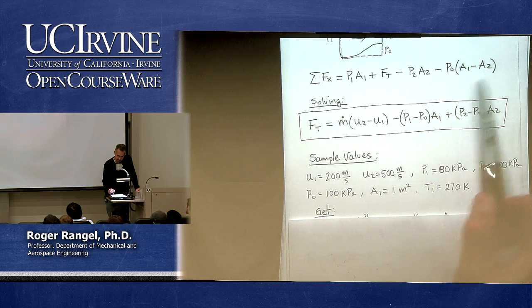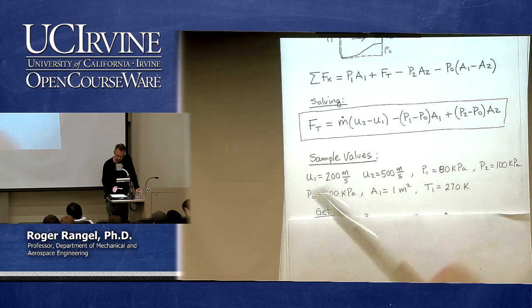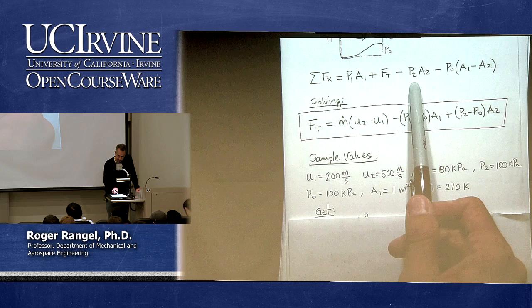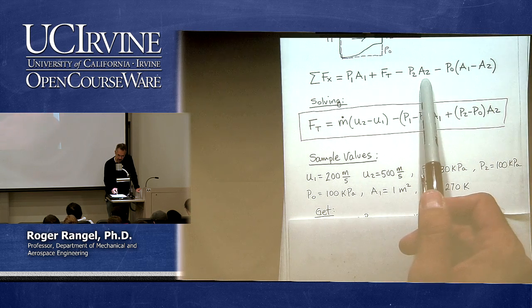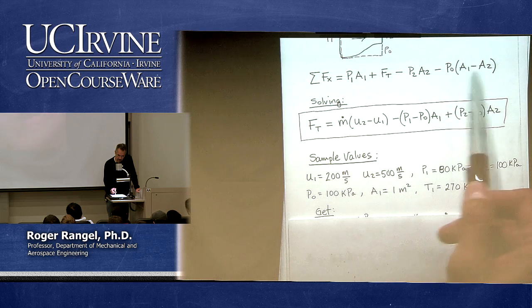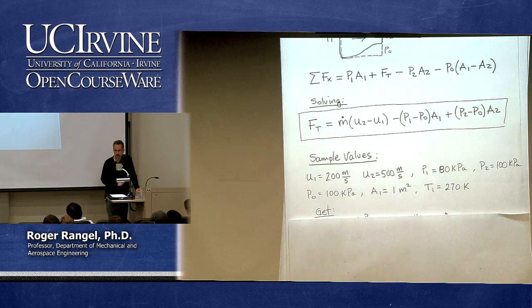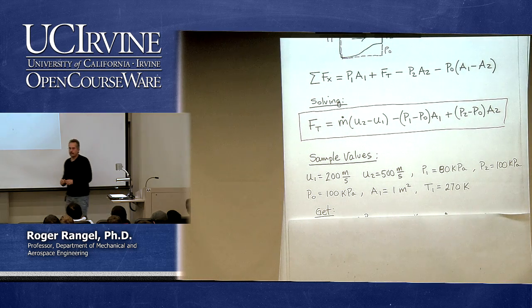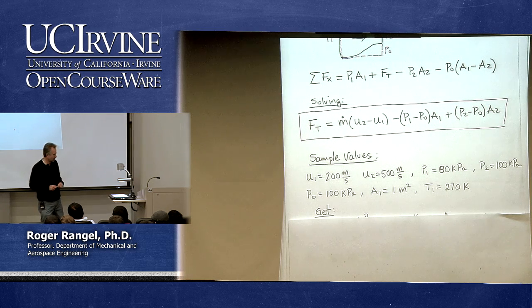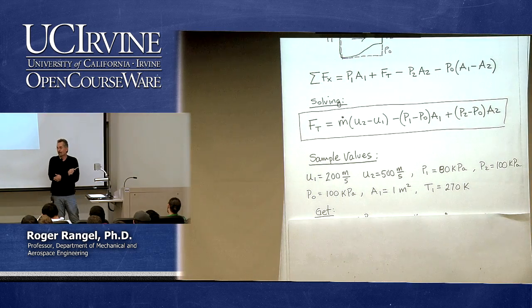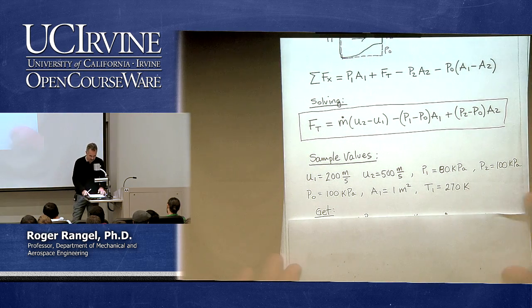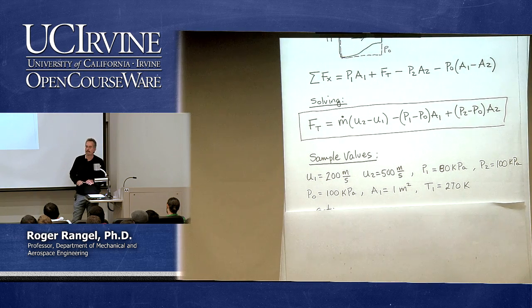And then if you combine the two that have the A2, you get minus A2 times P2 minus P naught. So you could combine it that way, and then you have gauge pressure. And therefore, you wouldn't have to worry about that. But you have to come up with the same result, of course. Any other questions? Okay, let me see.